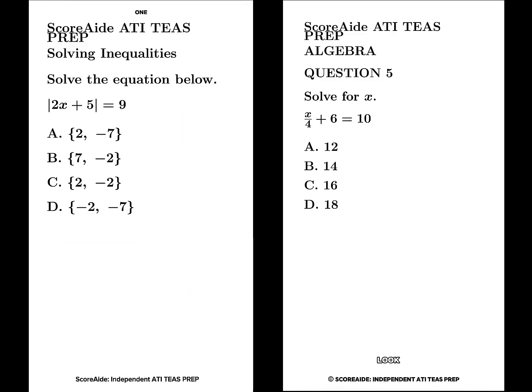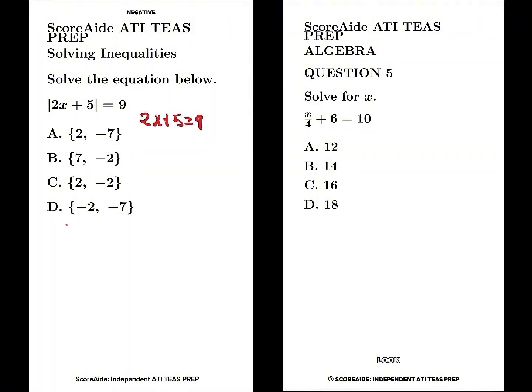Now let's look at this one. Solve the equation below. So we have the absolute value of 2x plus 5 is equal to 9. So in this case, we're just going to split the equation into two parts, right? Remember the definition of absolute value. Now, we are going to have the positive part of the equation, which is 2x plus 5 equal to 9.